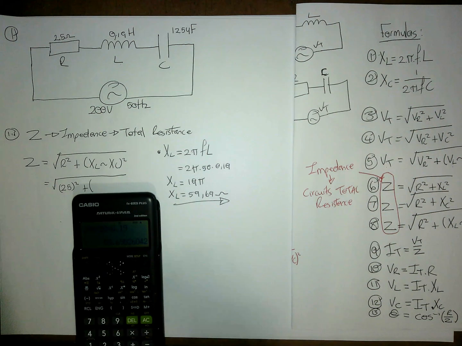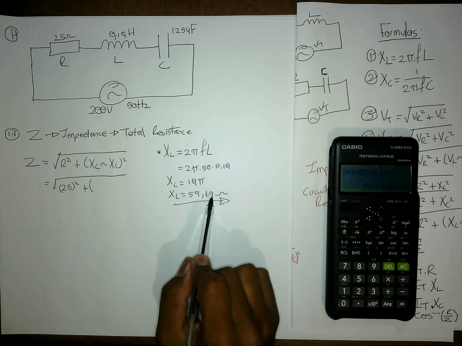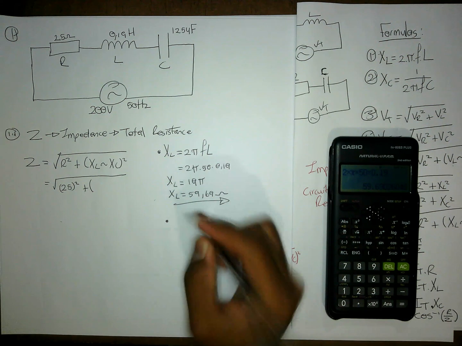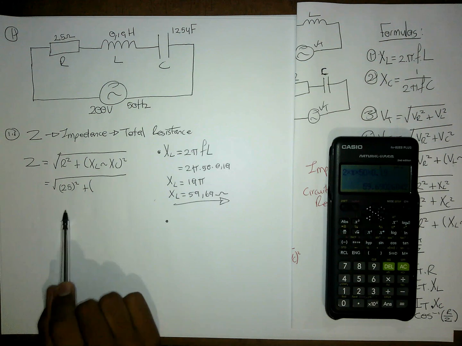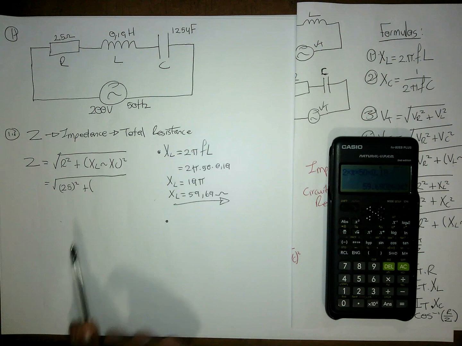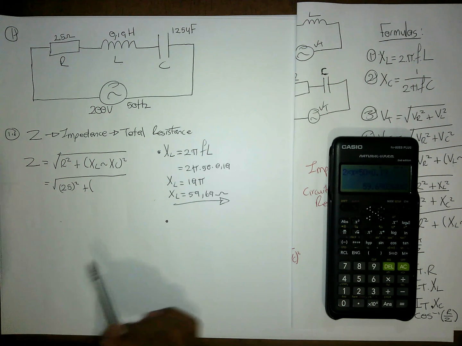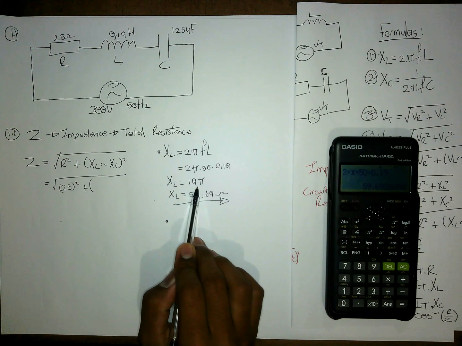The reason for this is if I round this off and I round off my XC value, when I put it in here, I'm going to round off again. When I get my total current, I will use rounded off values and I will be off maybe by a few. I will be more accurate if I use this in my calculation. That's 19 pi.